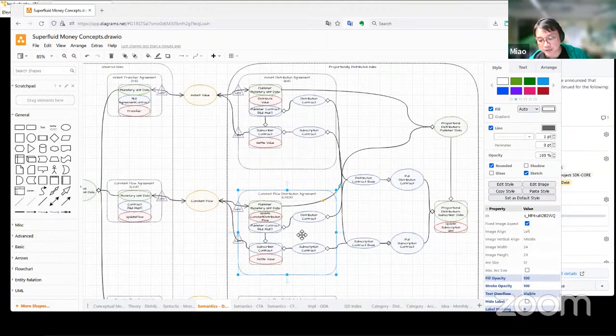So they're actually quite flexible. If you have a particular use case where there is a base constant flow, but sometimes you have some kind of ad hoc or erratic, non-predictable instant distribution for whatever reason, then you have a base constant flow to everyone.